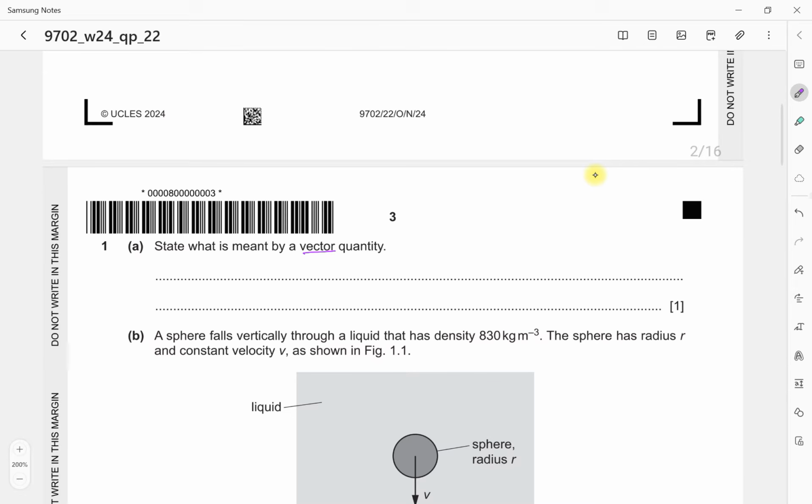Remember, a vector quantity is a quantity which is denoted by both magnitude and direction. So this one is a quantity which has both magnitude, that is size, and direction.